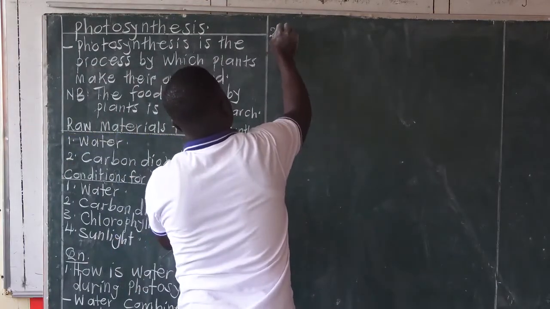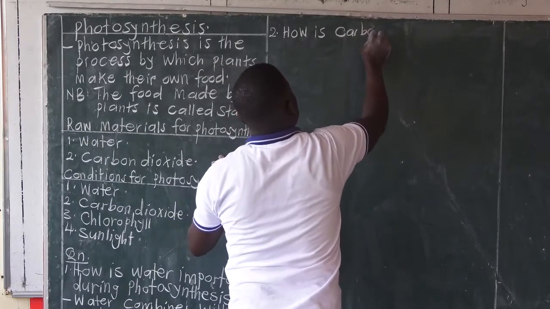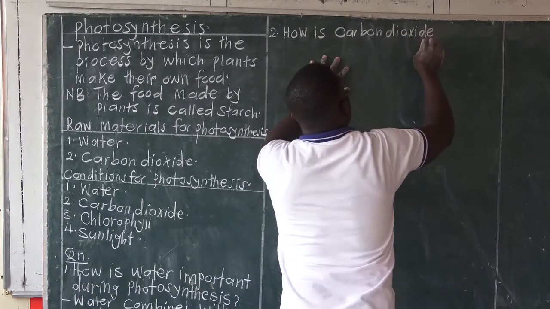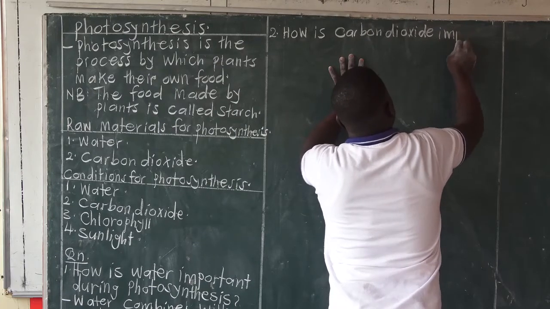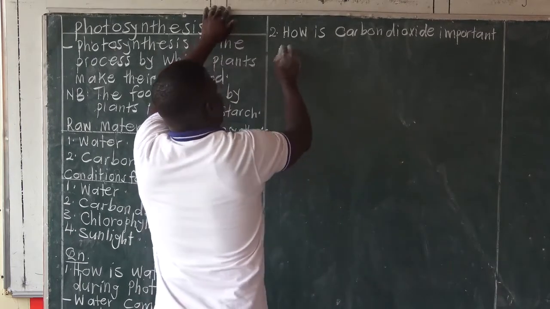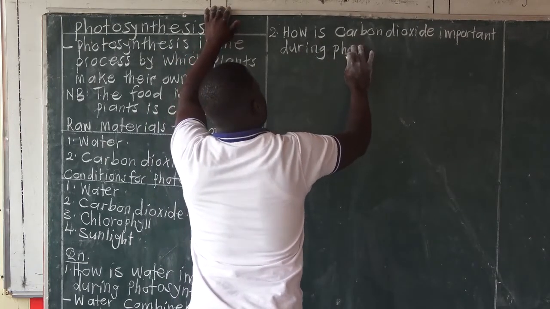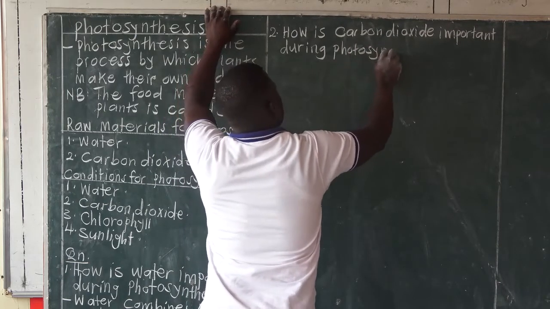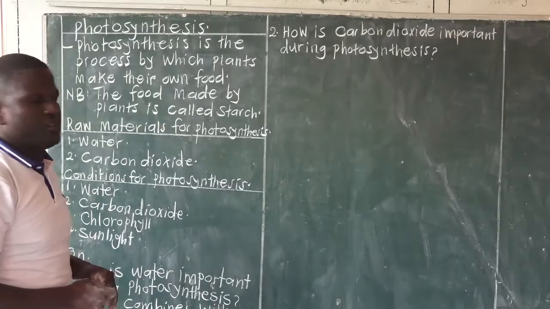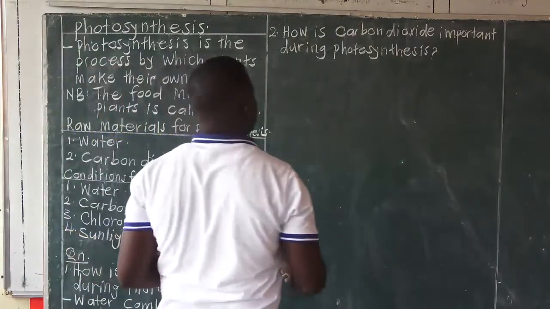Question number 2. How is carbon dioxide important during photosynthesis?